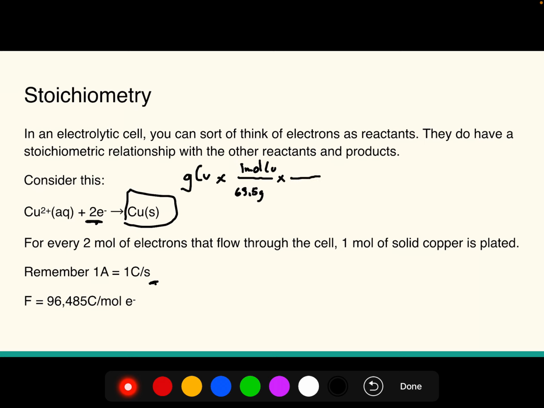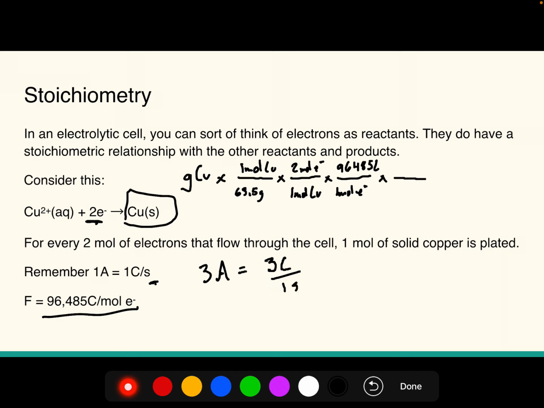Then, according to our balanced equation, 1 mole of copper takes 2 moles of electrons. Then we know that 1 mole of electrons is 96,485 coulombs. Then an amp, so let's say that we have a flow of 3 amps. So 3 amps is equal to 3 coulombs per 1 second.